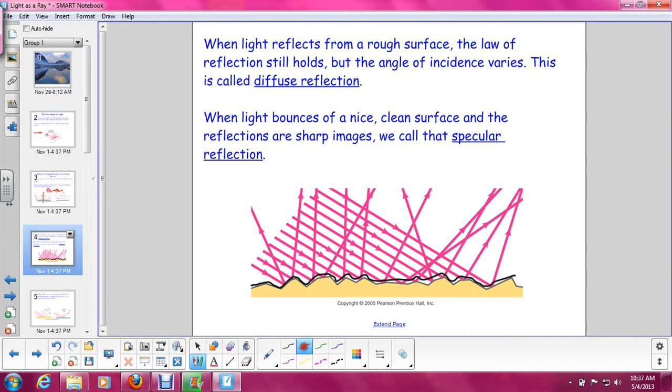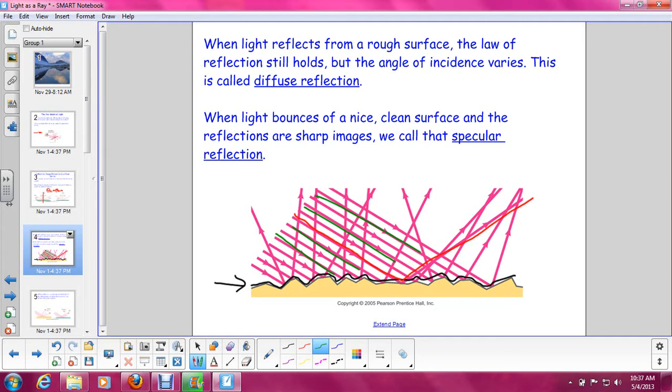So even though the light will come in at a certain angle and leave at that same angle, the angles here on the surface change as you move across it. So even though the light will come in a very organized way, like these lines are, when they reflect and follow the law of reflection, they're going to bounce all over the place because of how this table is set up. And this is called diffuse reflection.